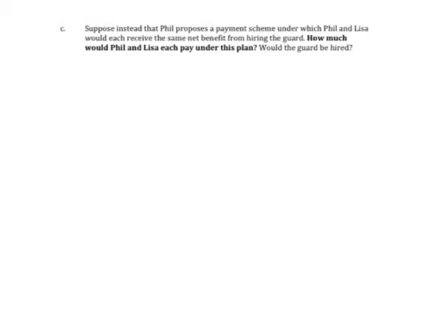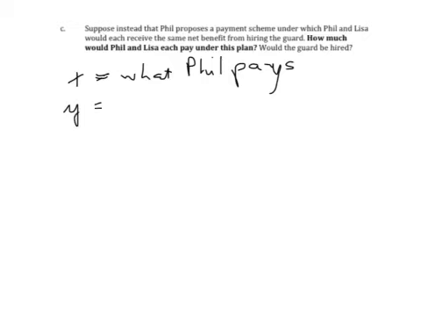The way to do this here is that Phil and Lisa would each receive the same net benefit. So that's the key. Let X be what Phil pays, and let Y be what Lisa pays.